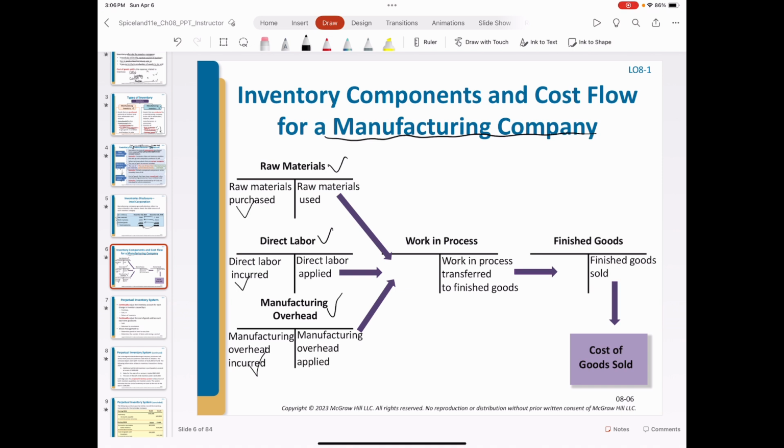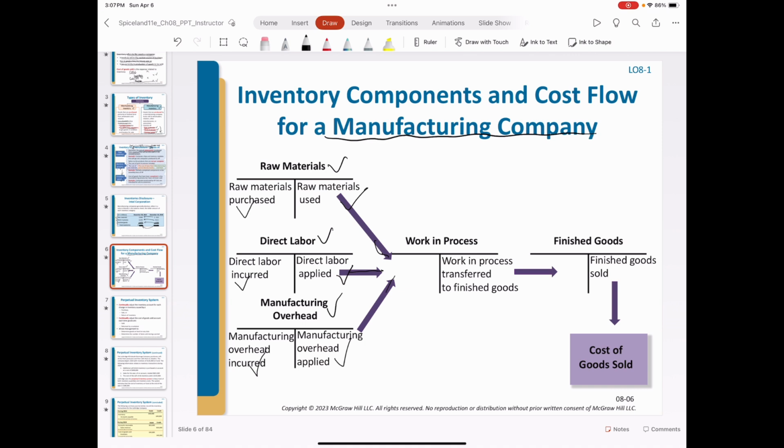Then depending on how much raw material is used, we will credit these accounts. For labor and overhead, we can calculate the application, what amount can be applied. So the applied amount we will credit, and their balance actually moves to work in process.